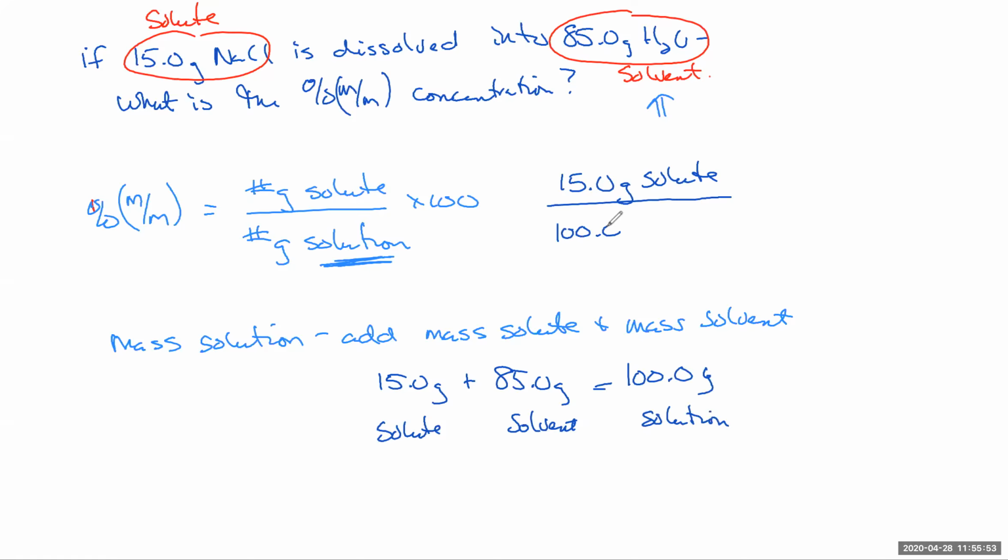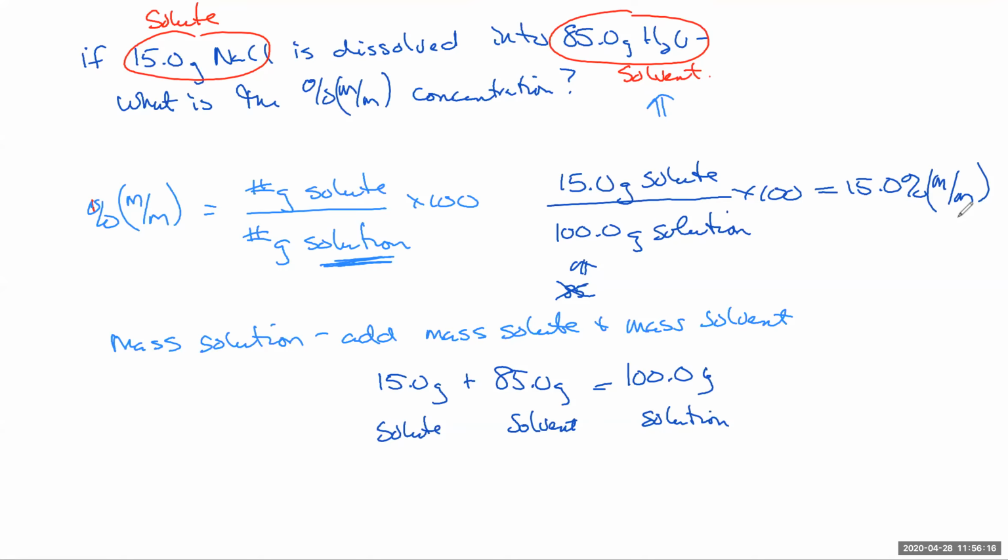So one of the most common things that people forget to do is add this, and they just plug in erroneously 85 here times 100, and I'm going to get 15% mass to mass. So those are the typical types of problems that just plugging in and finding concentration.